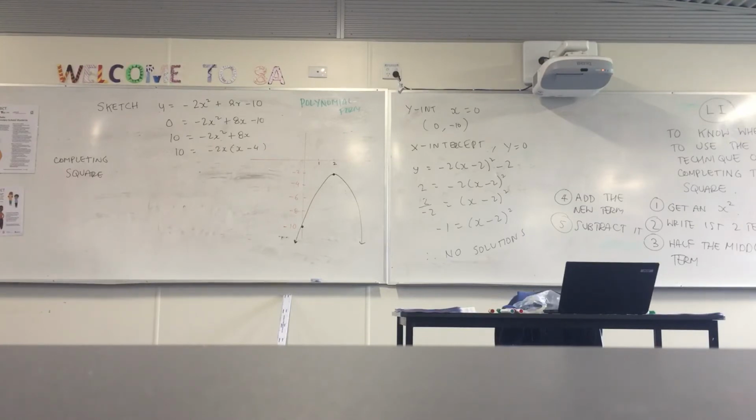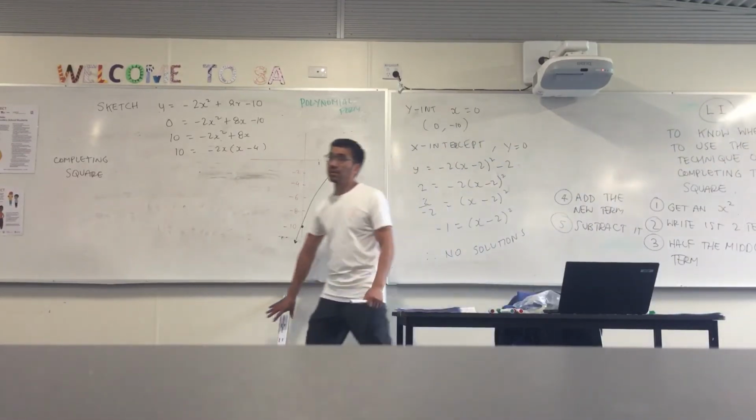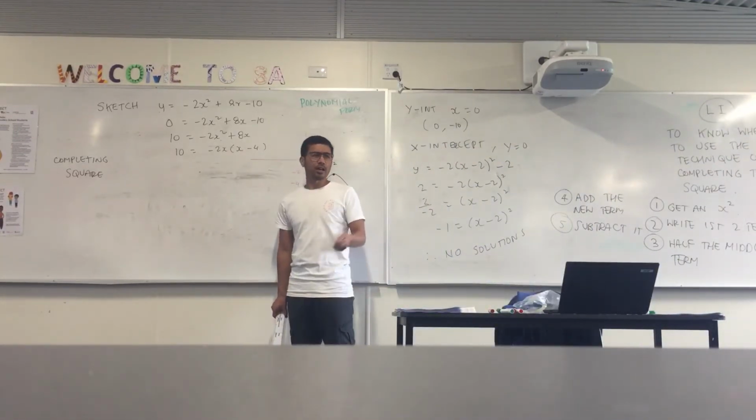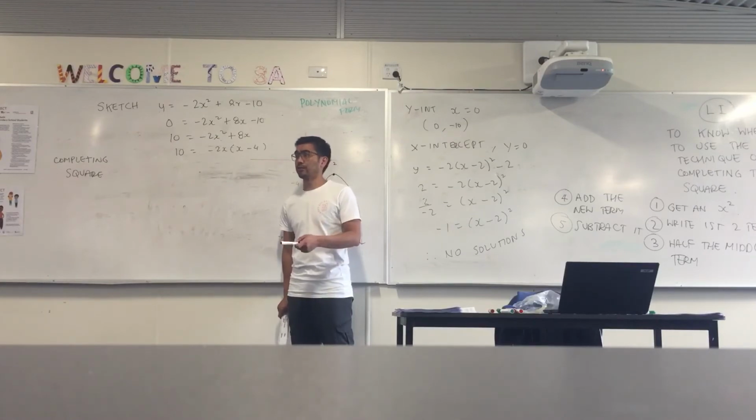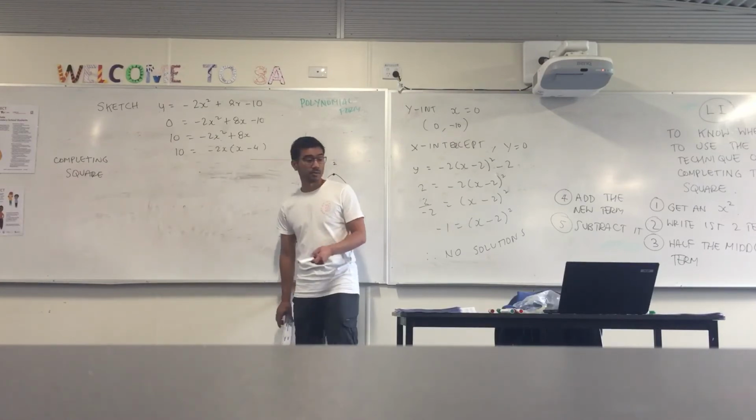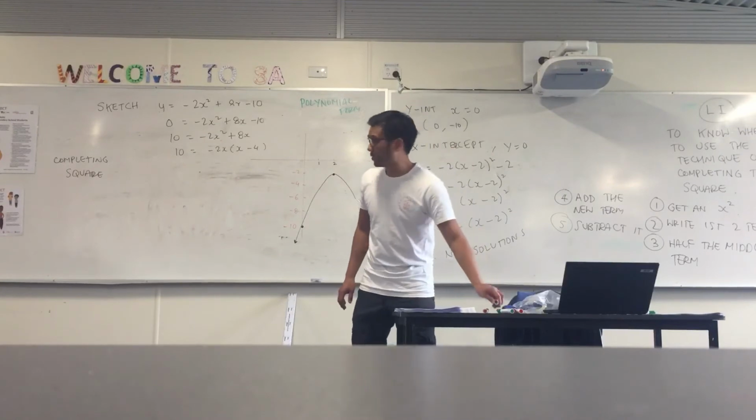Yeah, you just had less working out. That's still right. Okay, so that was completing the square. Now I'm going to show you a quicker way to find out where the turning point is. Has anyone seen this before?